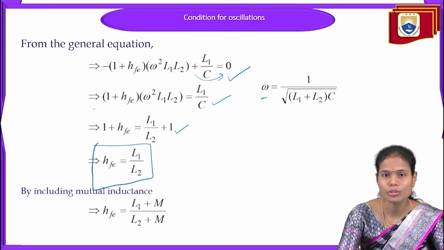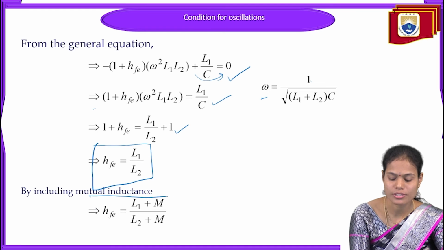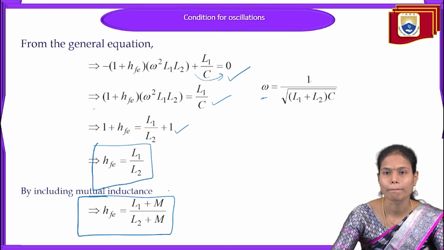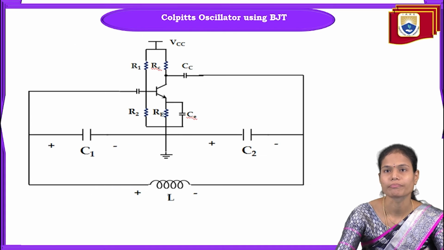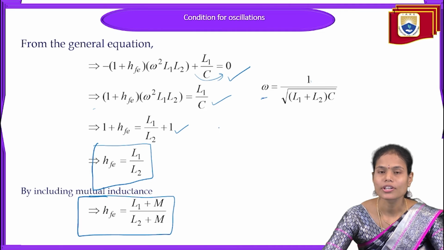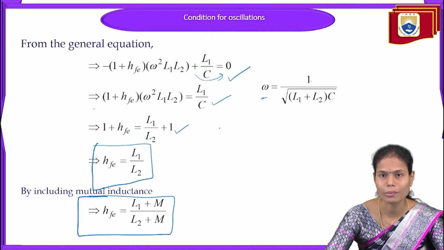And again, if we add the mutual inductance for both the inductors, the feedback gain is L1 plus M by L2 plus M. In order to generate any kind of oscillator, whether the Hartley oscillator or Colpitts oscillator, we have to satisfy the frequency condition as well as the gain condition.